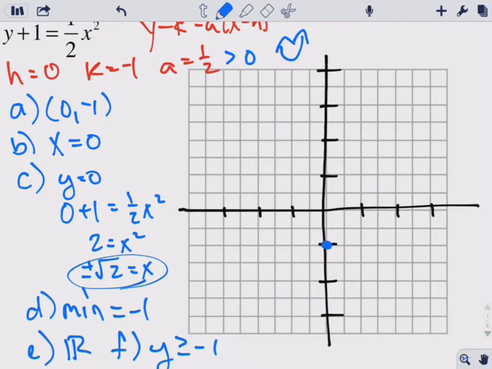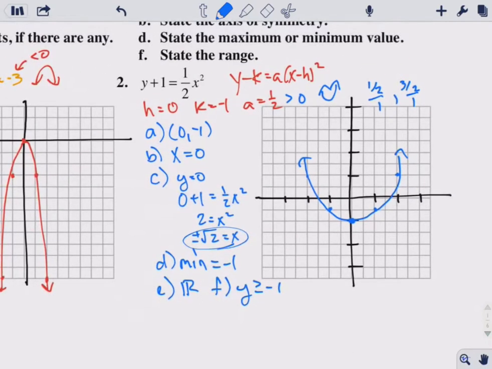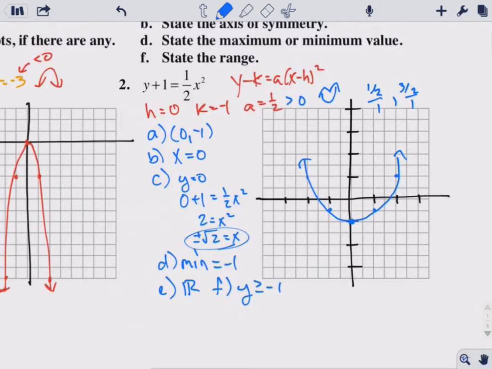So I'll go up a half, right 1, then up 3/2, right 1, up a half, left 1, then up 3/2, left 1. And so we get that graph right there. Remember it's 1/2 over 1, 3/2 over 1. And that's everything there.